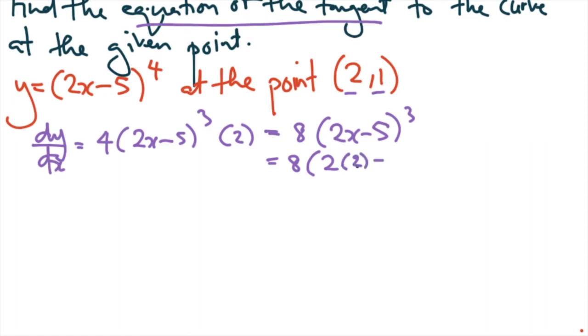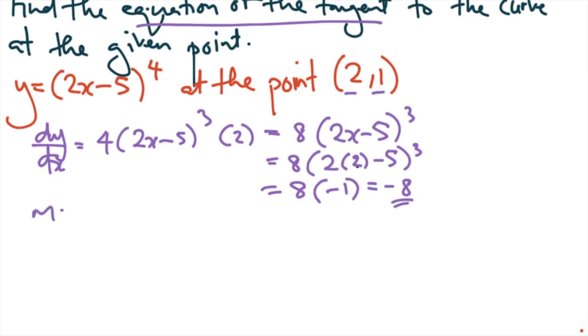So that's 2 times 2 minus 5, and then you cube. 2 times 2 is 4, 4 minus 5 is -1, and -1 cubed is -1. So the gradient at the point (2, 1) is -8.